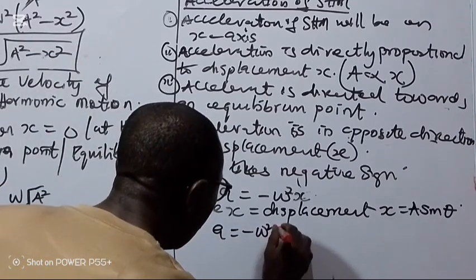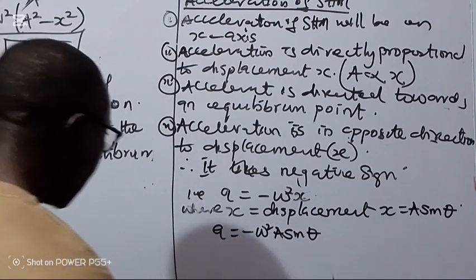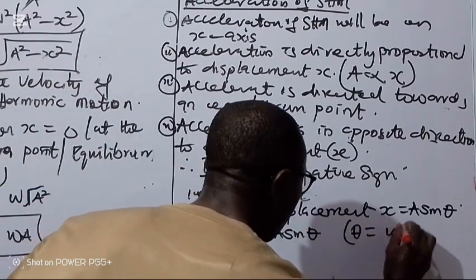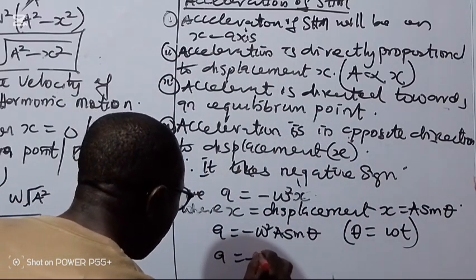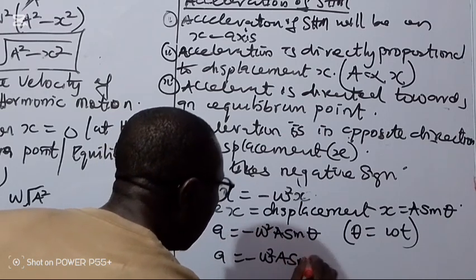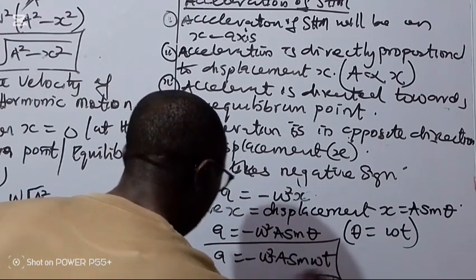And don't forget again, our theta is equal to omega t. So our A now will be equal to minus omega square A sine omega t. That is the acceleration of simple harmonic motion.